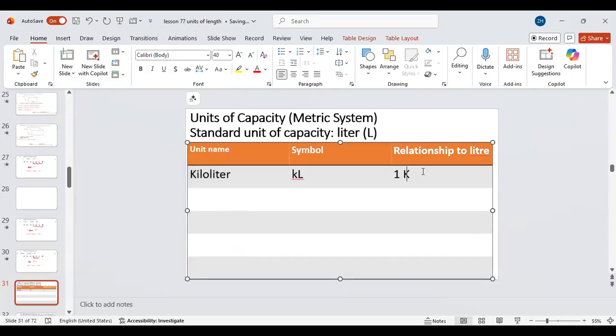1 kiloliter, KL, is equal to 1,000 liters. That's the relationship. The next one is going to be hectoliter. Same thing. So HL, very good guys, H capital L. And 1 HL equals 100 L. Then we have a decaliter.